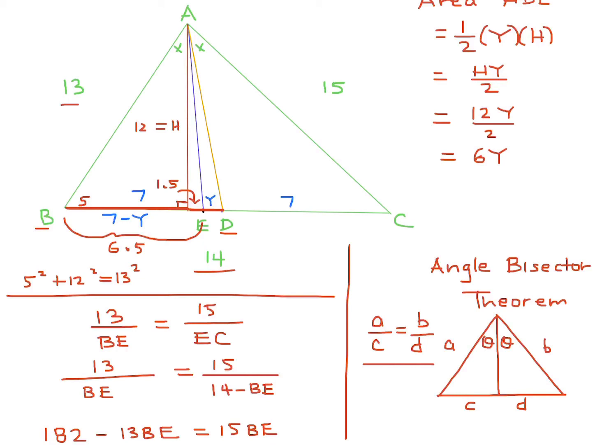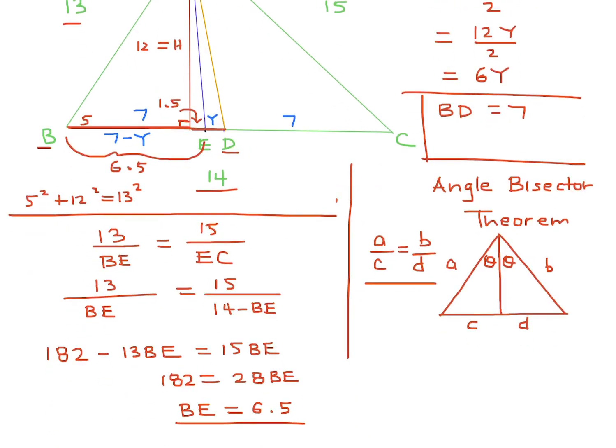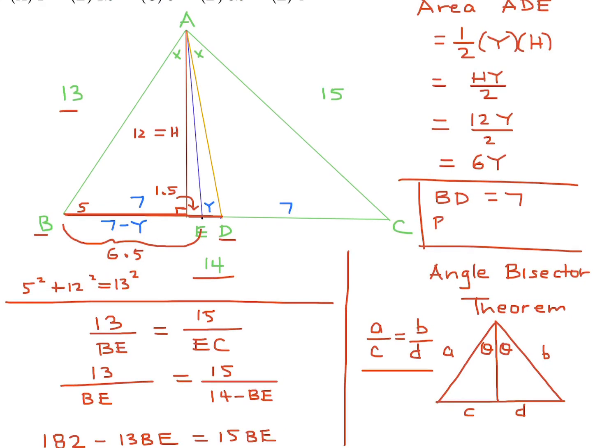And therefore, I'll write it over here. If BD is equal to 7 and BE we calculated was 6.5, right? Then ED has got to be the difference. So 0.5, like that.